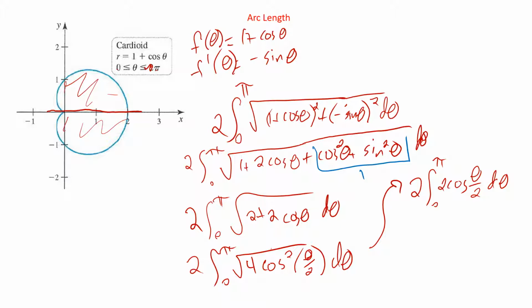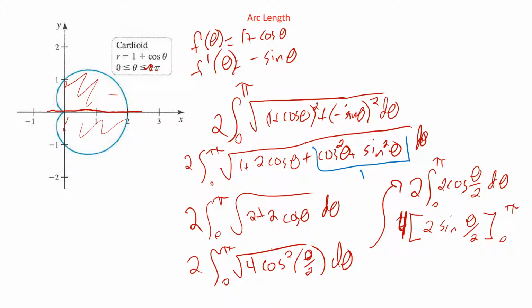2 can come out, so we have 4 times the antiderivative of cosine of something. The antiderivative of that is going to be sine of the something divided by the derivative of the something, divided by the 1/2 gives us 2 sine of theta over 2. From 0 to pi, we can plug in pi.